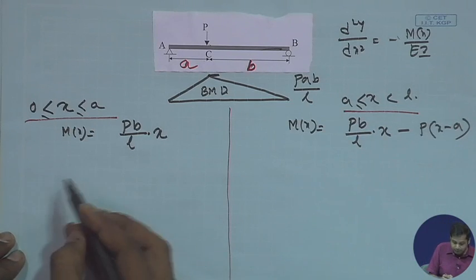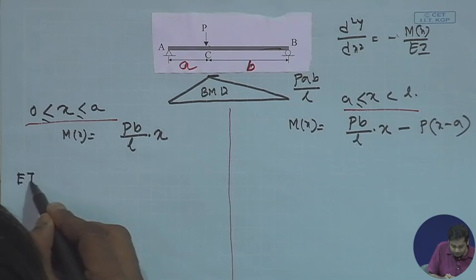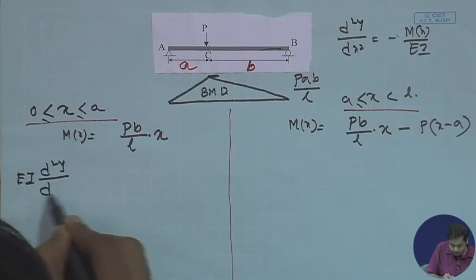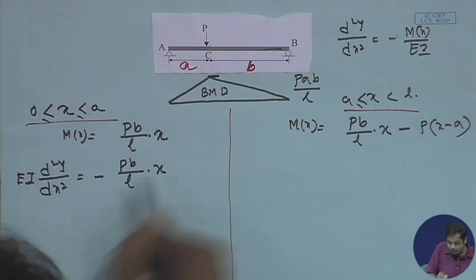Okay. So, then apply this expression, d2y/dx2 is equal to minus M by EI. So, EI d2y/dx2 is equal to minus Pb by L into x.